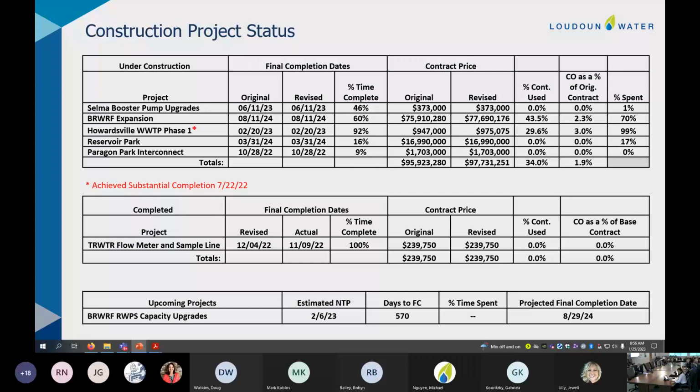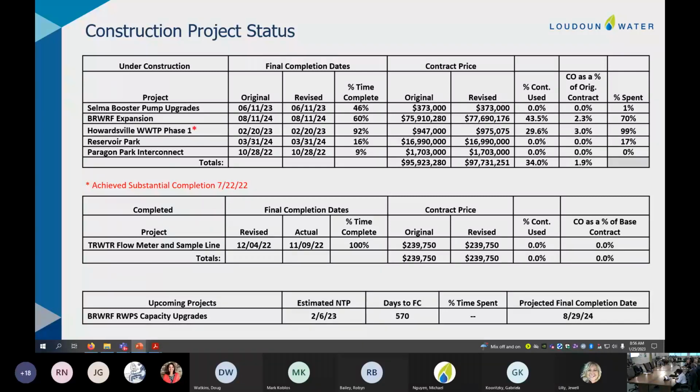And then up and coming at the bottom, we have the Broad Run reclaimed water pump station project. That was approved by the board last quarter, and we anticipate the notice to proceed date to be early next month, and that project will get started. Just so you know, on the up and coming projects at the bottom, I'm only listing projects that have been approved by the board and awarded, and have an anticipated notice to proceed date for the next quarter.